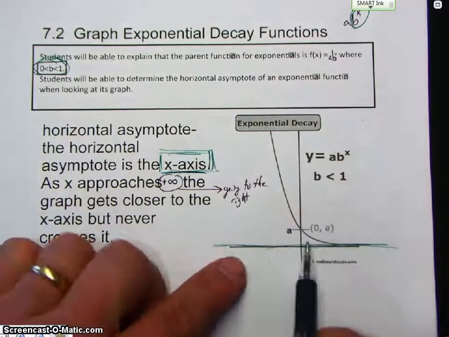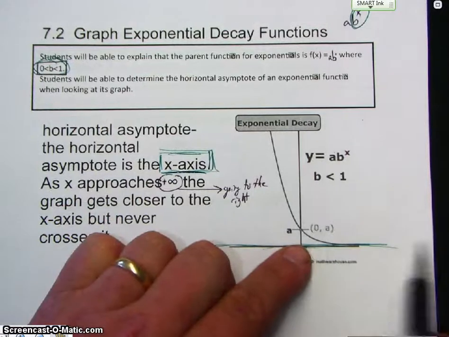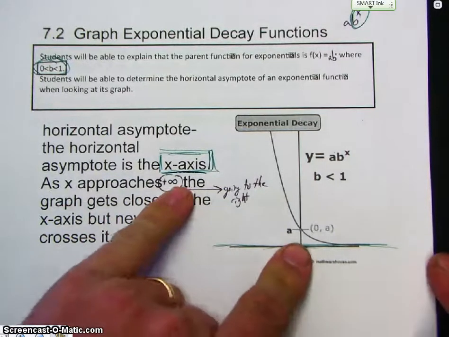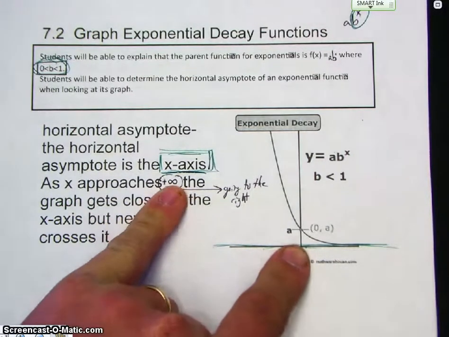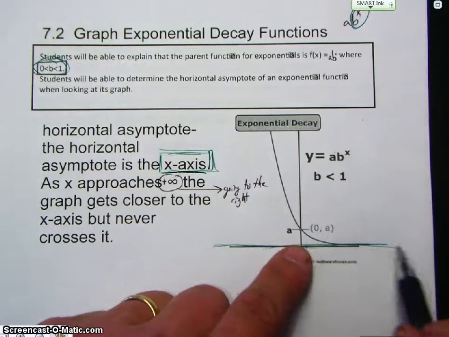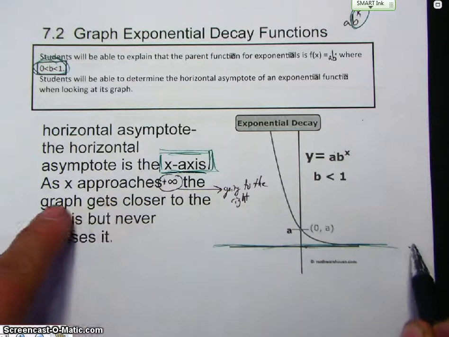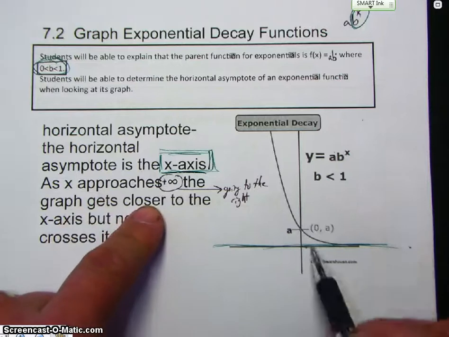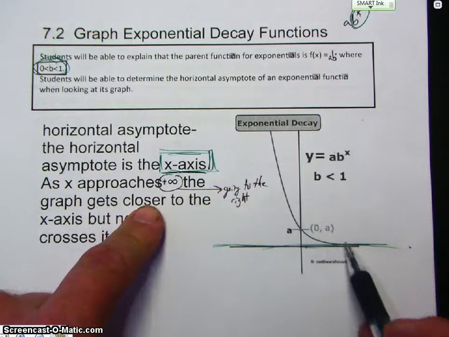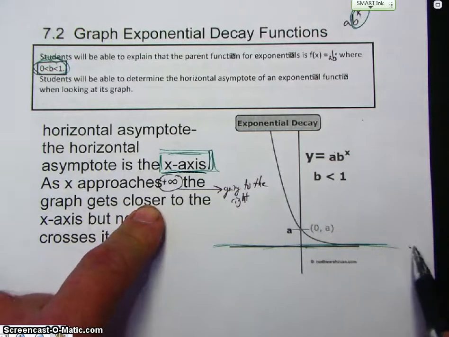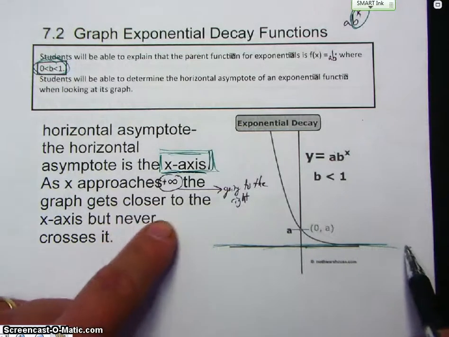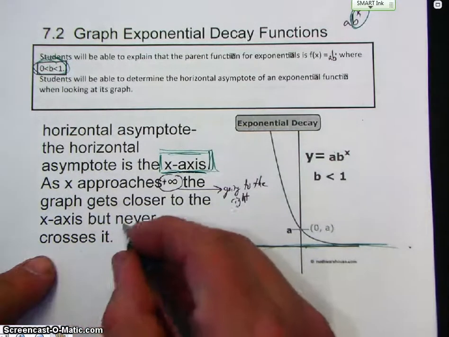So as I'm going to the right forever, my graph keeps getting closer and closer and closer to the x-axis, but I will never cross it or touch it.